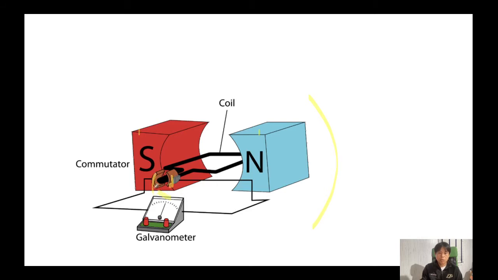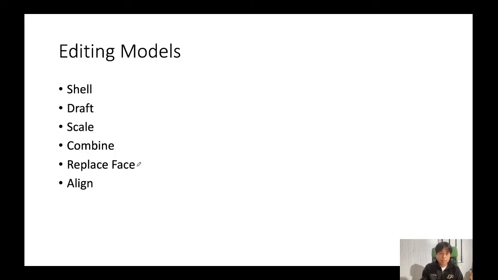By rotating this coil in this model, it generates electricity. So this is an AC generator. We are going to model this one after learning these concepts.